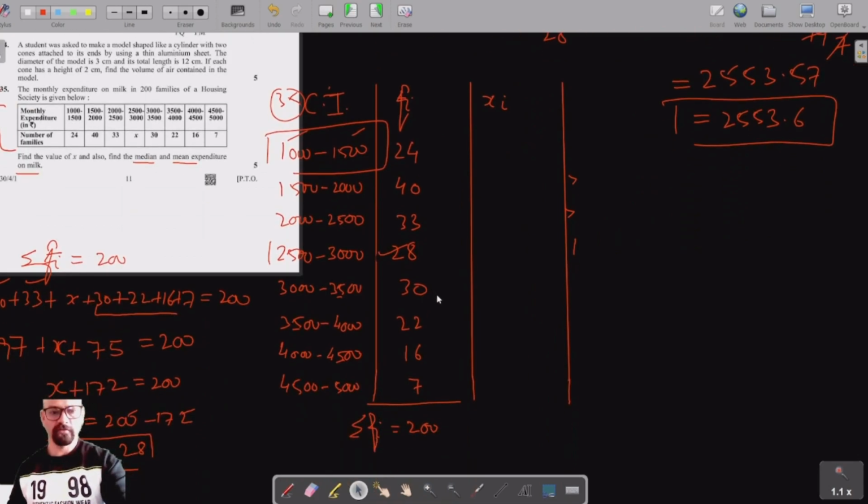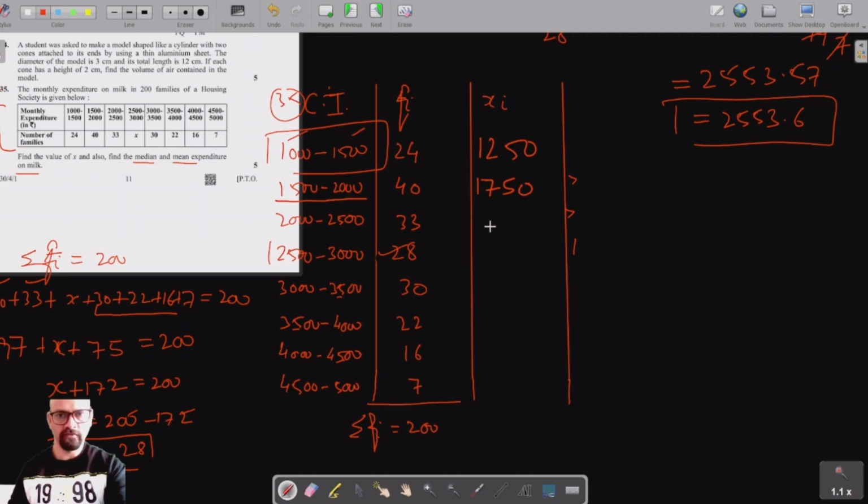The class mark is the upper limit plus lower limit divided by 2. So 1000 plus 1500 is 2500, which gives 1250. 1500 plus 2000 is 3500, which gives 1750. There is a difference of 500, so let's keep on adding 500.